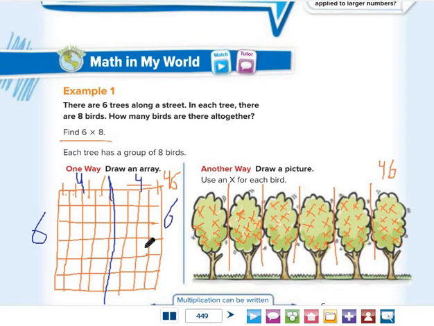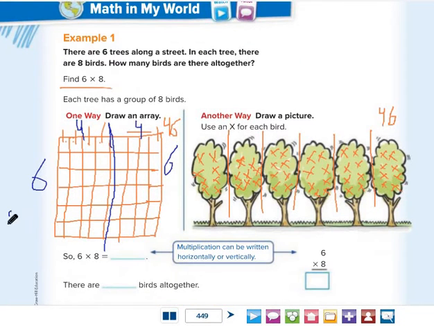So to find how many in all, we can add 24 plus 24 equals 48. So 6 times 8 equals 48. There are 48 birds all together.